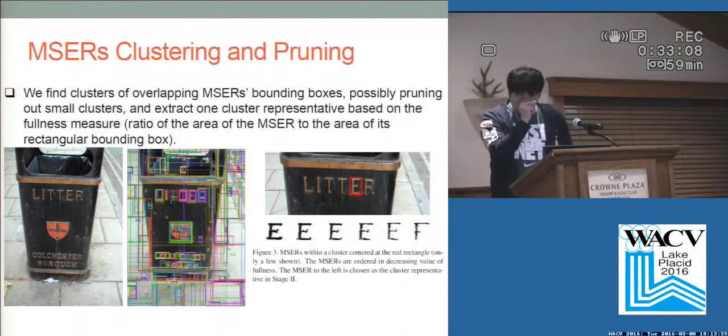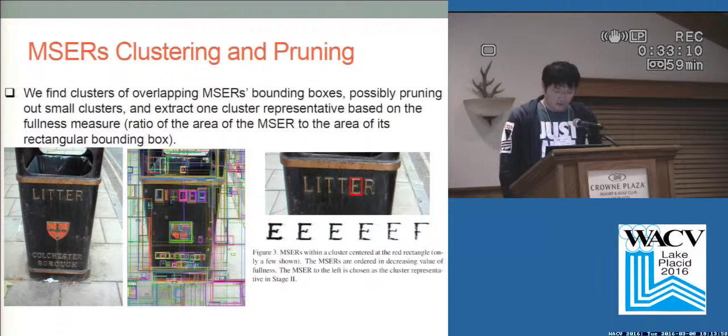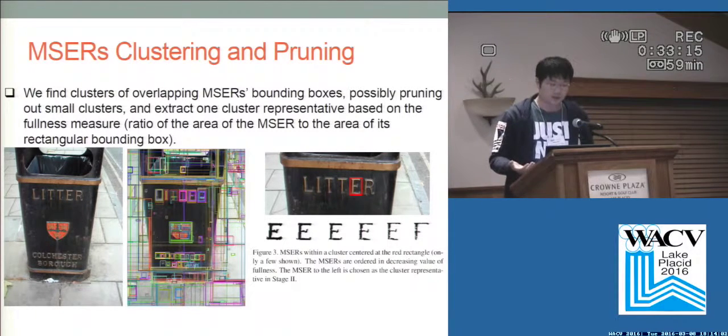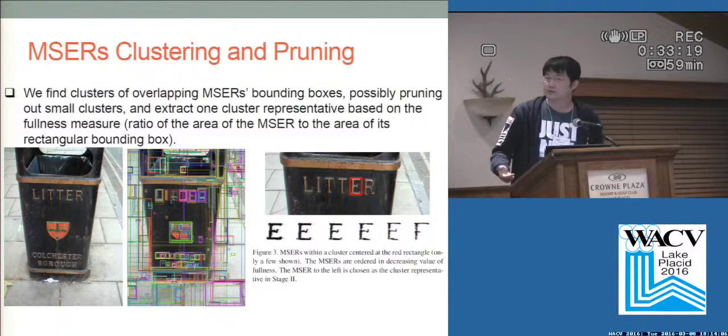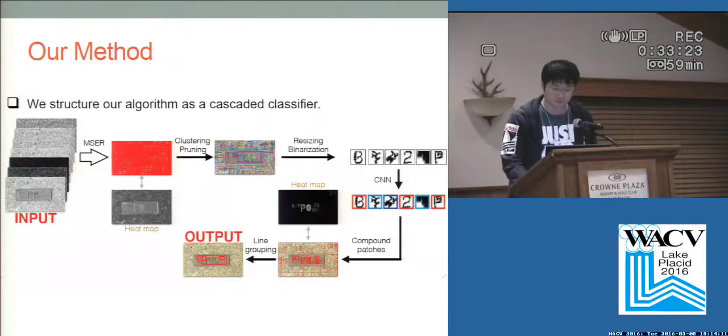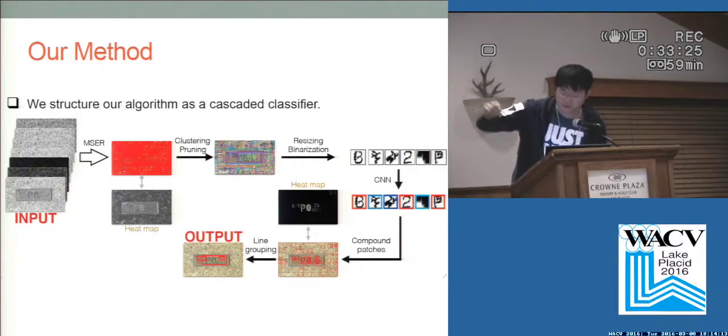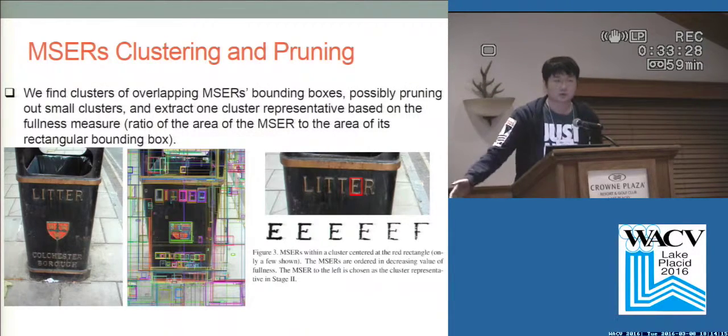So this is our first contribution. We group heavily overlapping MSERs into clusters. In the middle image, we only show clusters that contain more than 2 MSER regions. Compared with the 3,000 bounding boxes, we already throw away lots of MSERs, but notice that all the characters are still there.